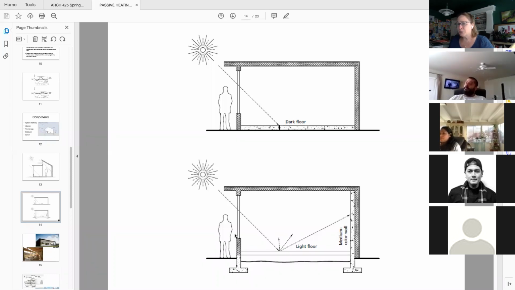Now, this can be a little bit difficult in California with our building code requirements. As I've mentioned Title 24 a few times, that system is only looking at mechanical systems. It's not looking at passive systems.